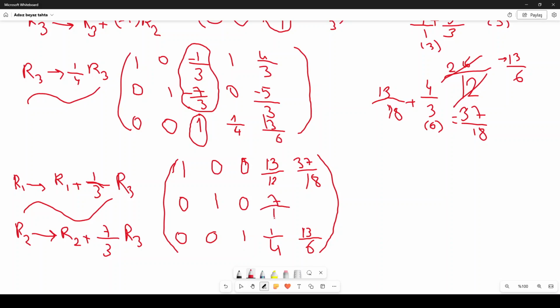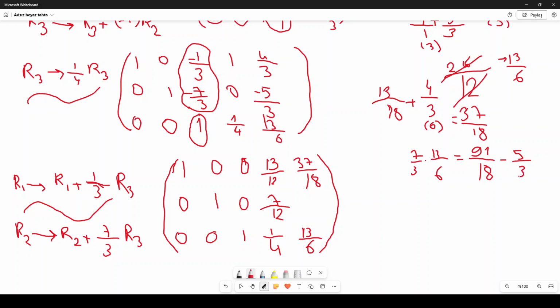And for the last entry of the second row, we got what? So we multiply, you see, 7 over 3 times 13 over 6. So here we got 91 over 18, and we added to minus 5 over 3, right?